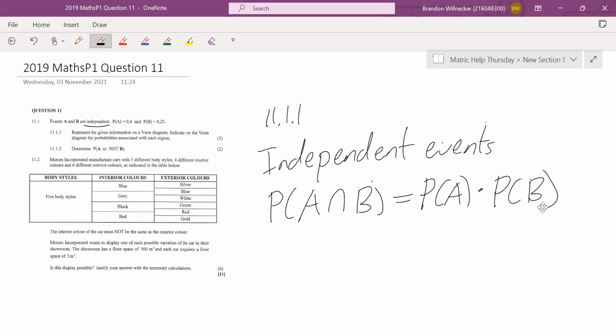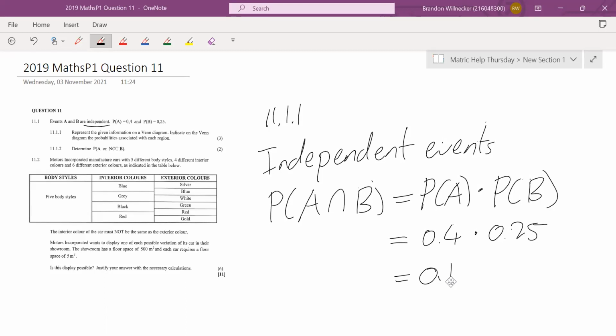So this is what it means for two events to be independent. Now, we know the probability of A, we know the probability of B. That's 0.4 for A, 0.25 for B. So that gives us 0.1. Okay, so that's just a little side note on independent events.